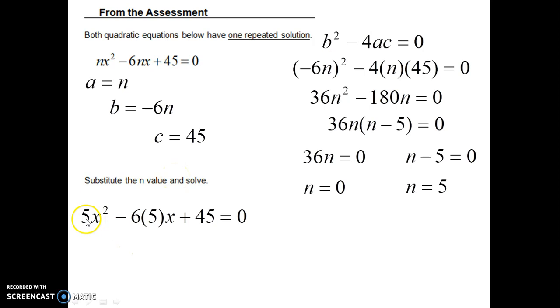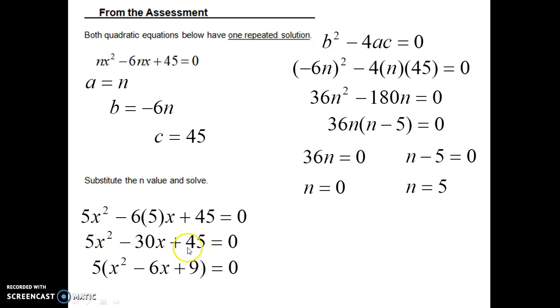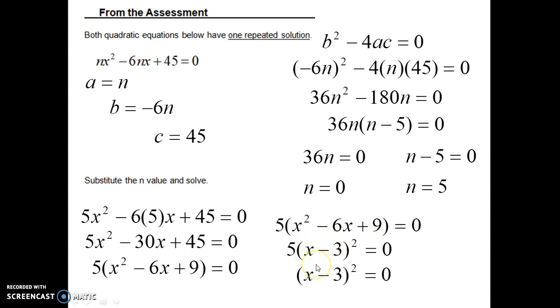I put 5 in here, 5 in here for both n values, and I have 5x squared and so on, and then that can factor out a 5. This thing here factors, let's see, it's a perfect square. It factors like this. Then 5 can be divided away. If you take the square root, x minus 3, and x equals 3.